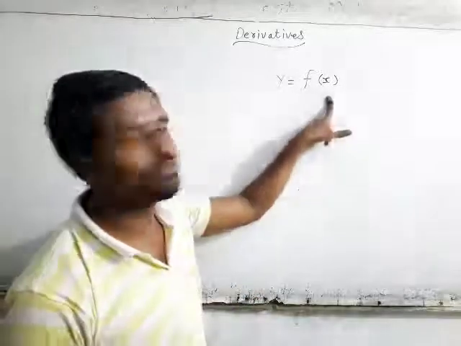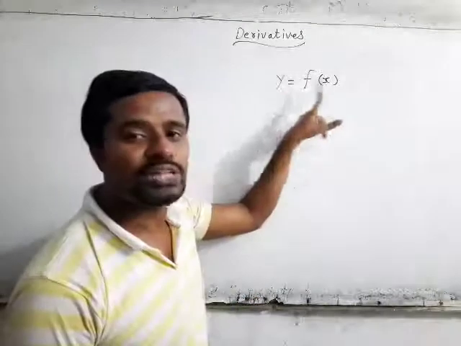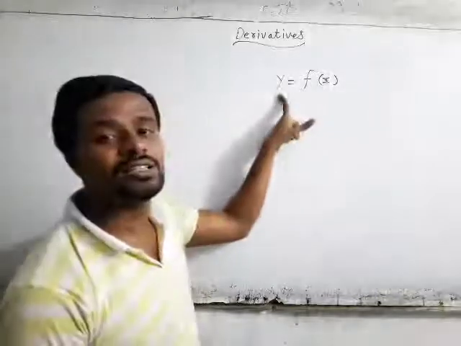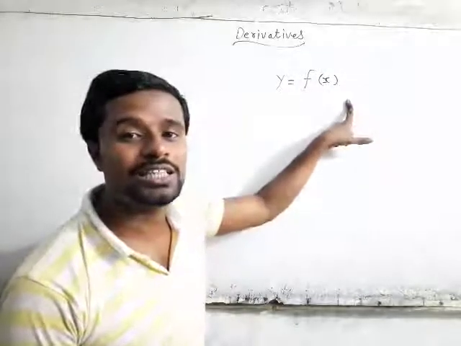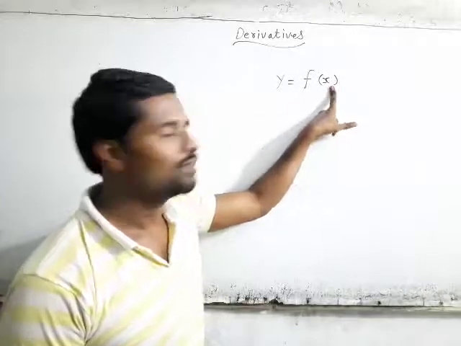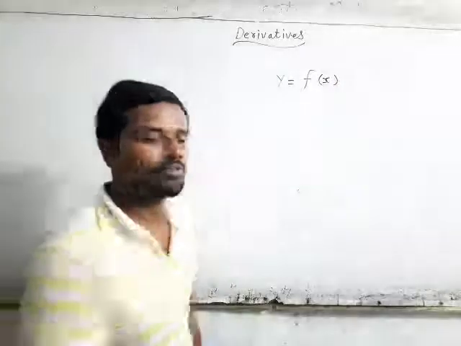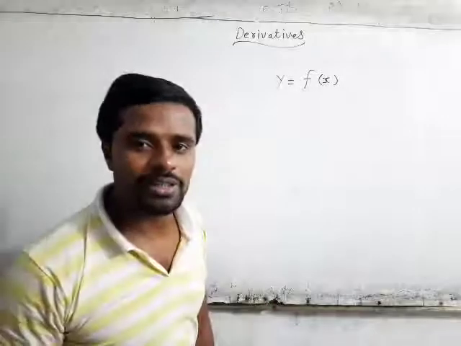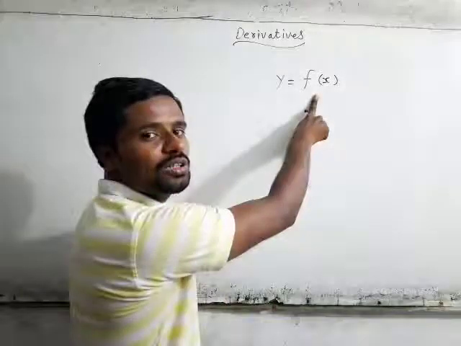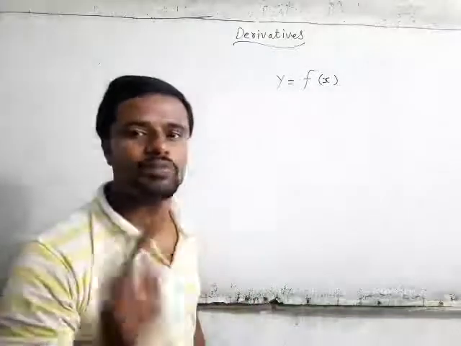So y is equal to f of x means y is an equation in x, y is a function of x, means y is depending on x, and x is an independent variable. What is y? Dependent. What is x? Independent variable. This is just the introduction of the chapter. Y is equal to f of x means y is a function of x.